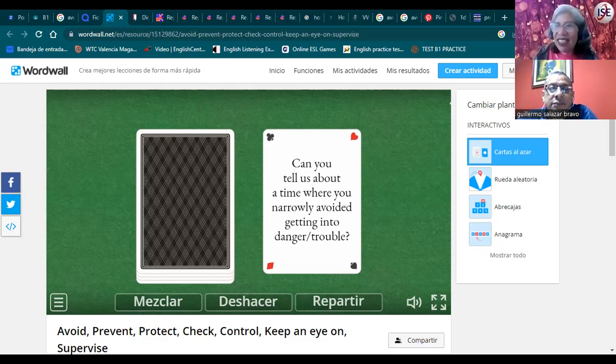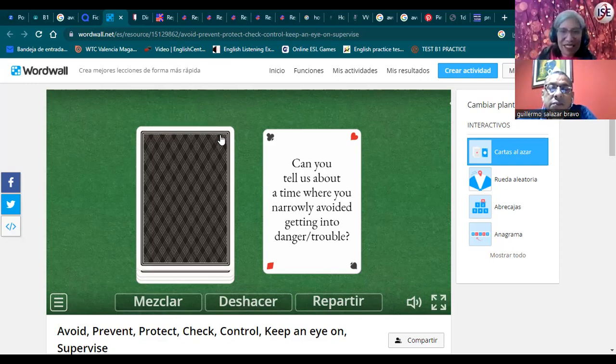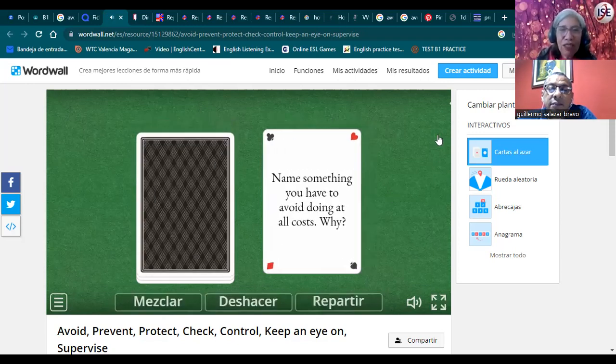Okay, next. Let's see which is the next card. Name something you have to avoid at all costs, and why? In my case, I have to avoid dyeing my hair, changing the color of my hair at all costs.